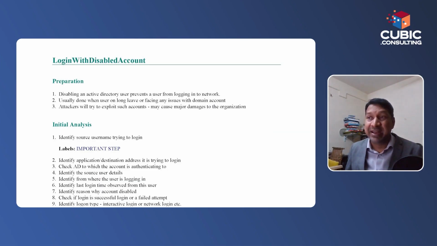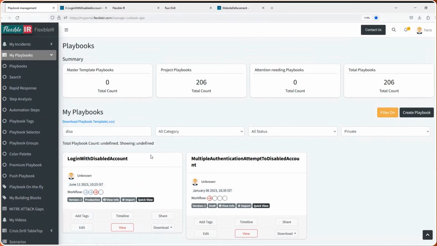So this is a PDF file generated out of the Kanban board. It has steps of preparation and initial analysis. It also has the step 1 that we tried to add a few minutes back. The playbook also has various phases. It has a workflow. Initially it's in draft mode, then it goes from draft to reviewed to production.